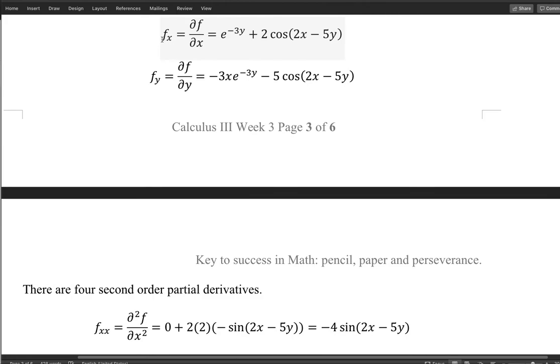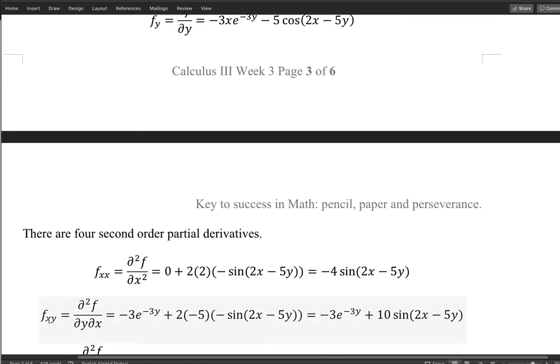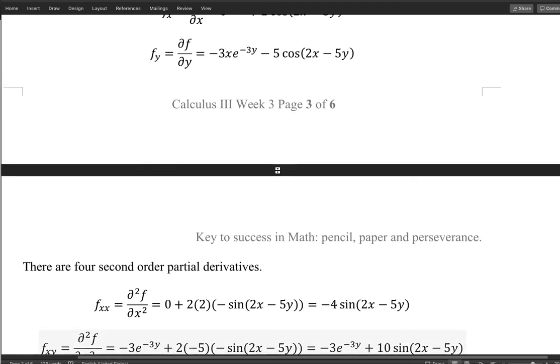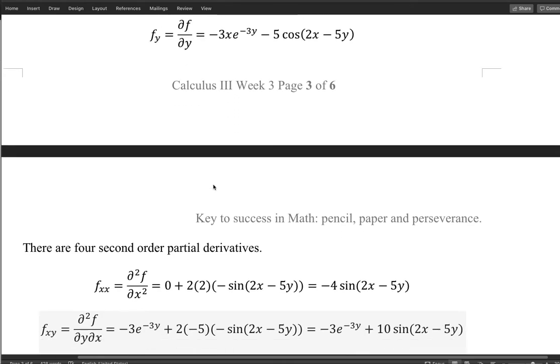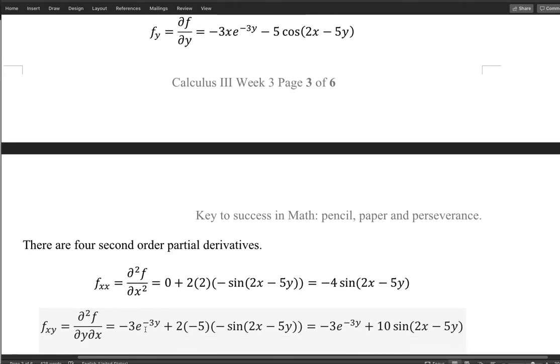That is fxx. And this f sub x is a function of two variables. We could do the partial derivative with respect to x, and also the partial derivative with respect to y. That is denoted as fxy, and in the d notation, it is d2f dy dx. I'm still working on this term, the partial derivative with respect to y: negative 3 times e to the negative 3y, chain rule.